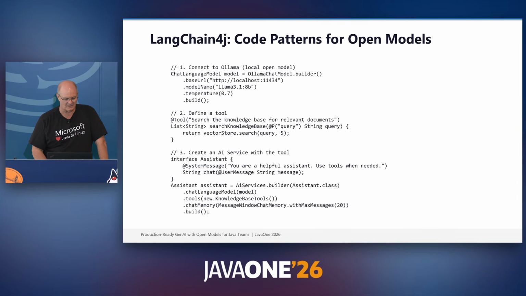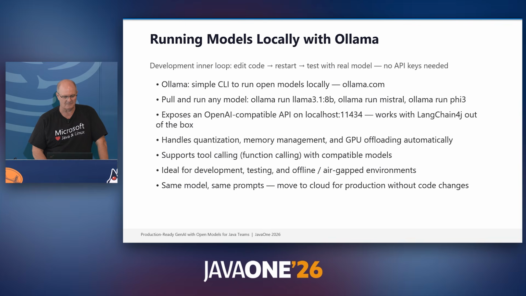And then you choose the model using the AI services builder, and you can go with the tools, and you choose the memory that you want to use. That I mentioned before, calibrating the JVM memory with the LLM memory is important.